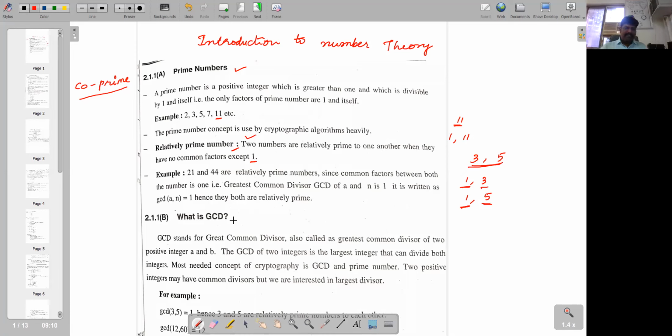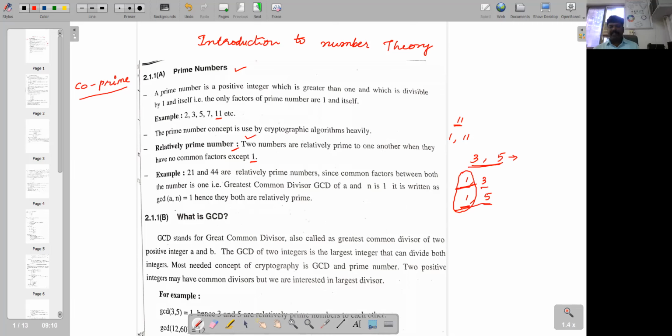The next concept which we are going to discuss is the greatest common divisor. When we talk about the co-primes or relatively prime numbers, what is the greatest common factor? That is 1.